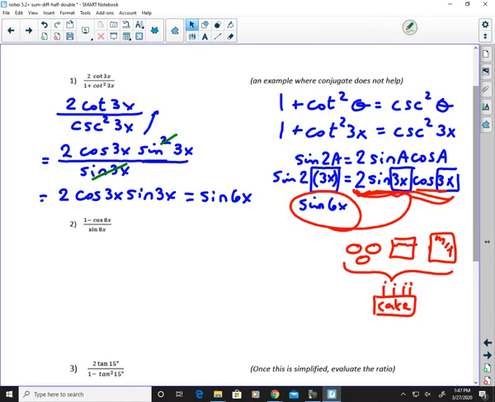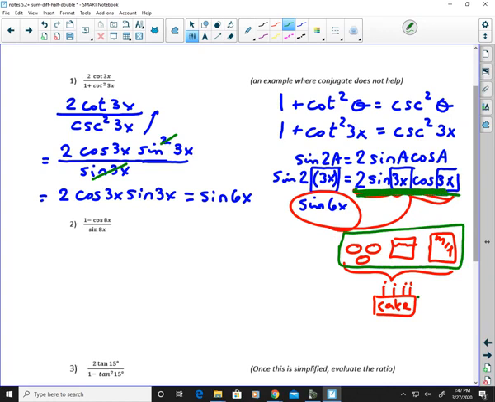Do you see your water? Do you see your mix that went into the cake? You don't see these things. You see a cake. And so all these ingredients, if they are combined in the correct way, you're going to get a cake, a sine 6x. So don't double this 6x. Don't put a 2 in front of it, because that 2, that was like the water. That had to be there to combine to make that final product.